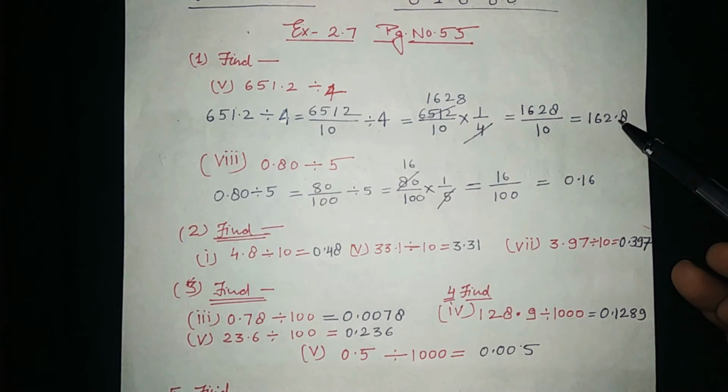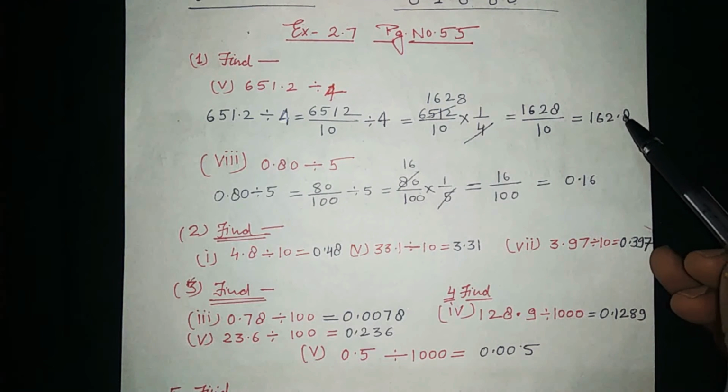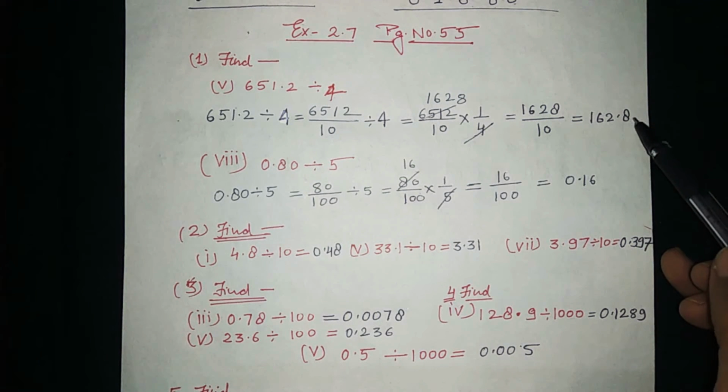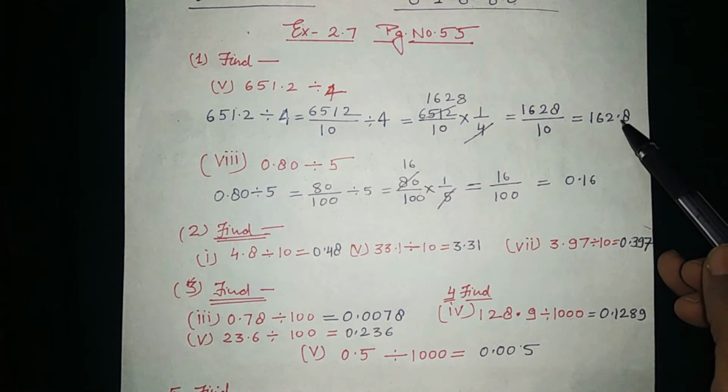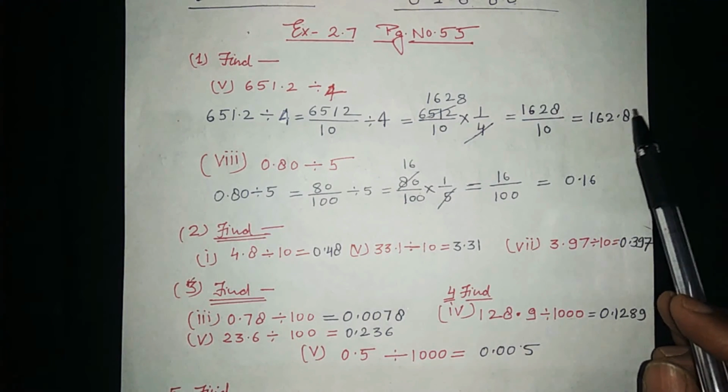Here the decimal we will write before 8 because here 10 is there. So we will leave the last digit and then we will put the decimal. After leaving the last one digit we will put the decimal.